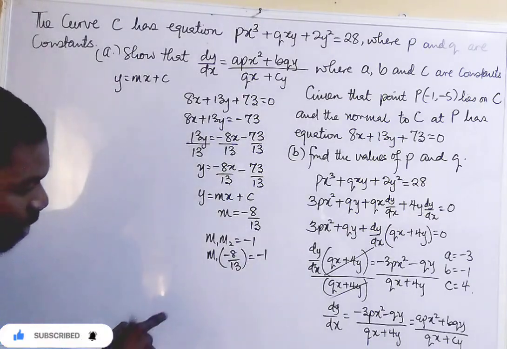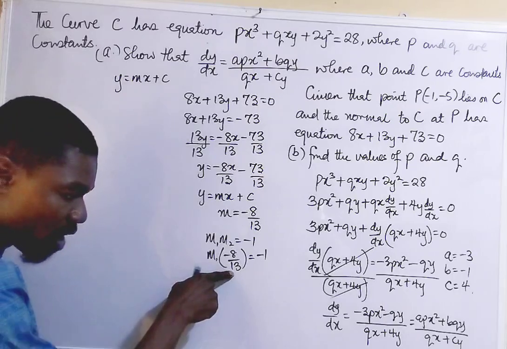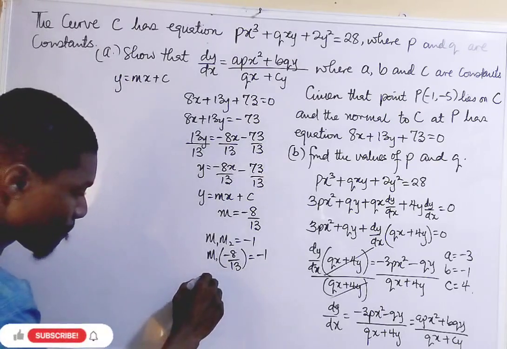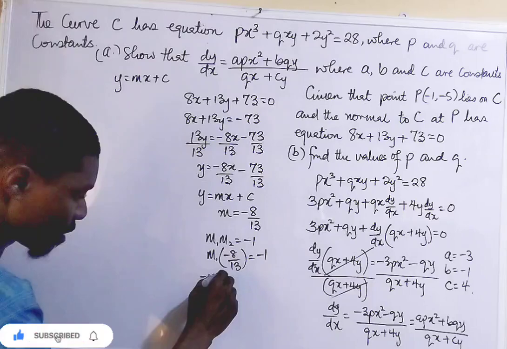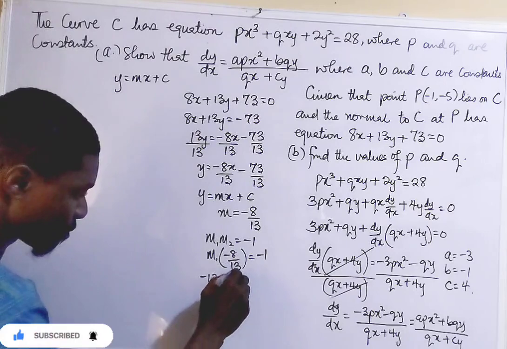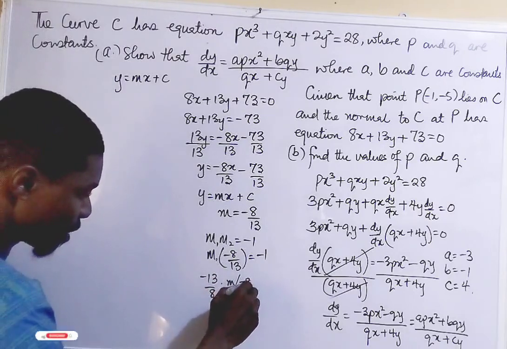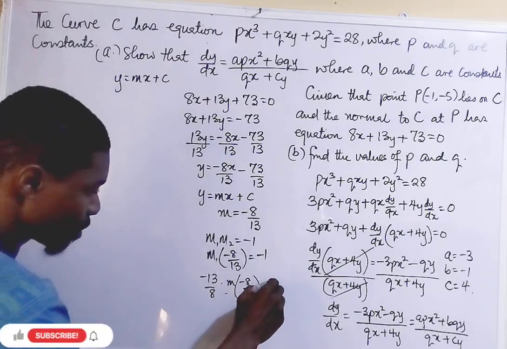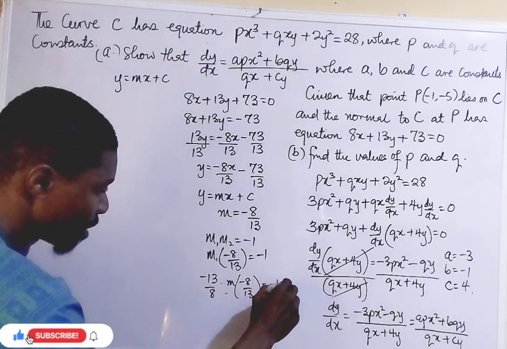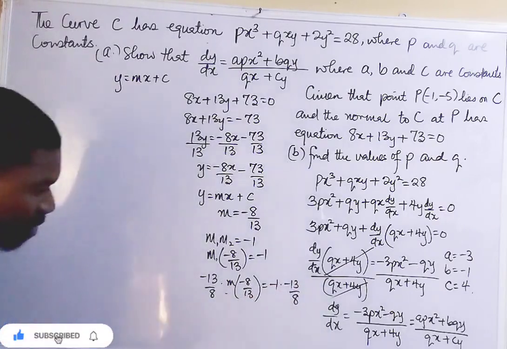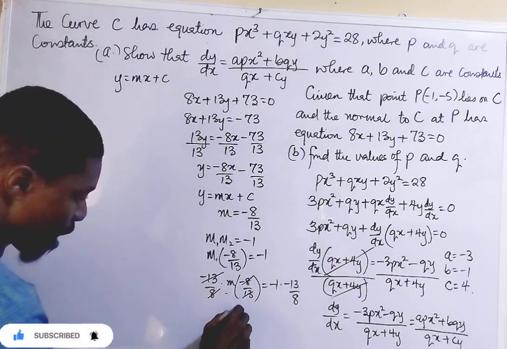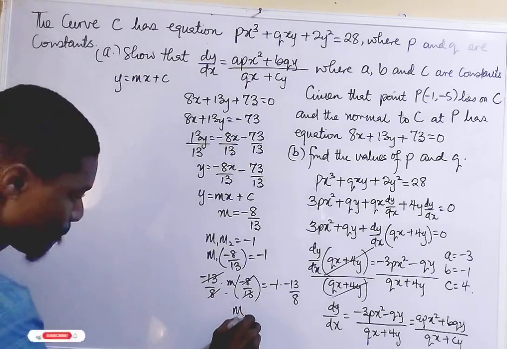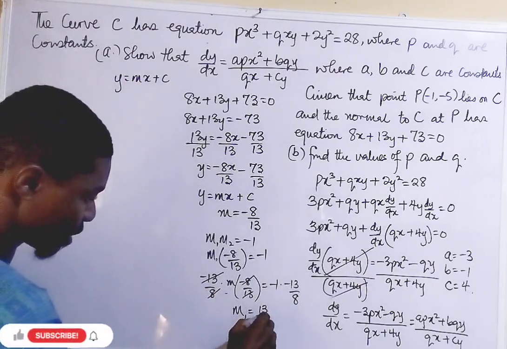Now let us multiply both sides by the reciprocal of this fraction, which is negative 13 over 8. Then times negative 8 over 13 equals negative 1 times negative 13 over 8. You can see we eliminate this, and m1 will now give us 13 over 8.